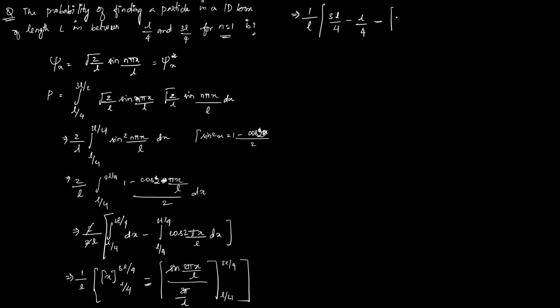And if you substitute the values, this is going to be sin 2π times 3L by 4 into L, by 2π by L, minus sin 2π times L by 4, the x value being L by 4, by your 2π by L. So what we have done is upper limit minus lower limit. So this is going to be equal to sin 3π by 2.